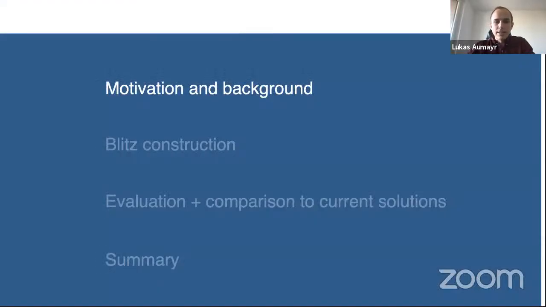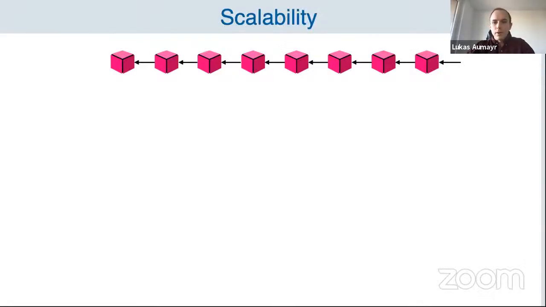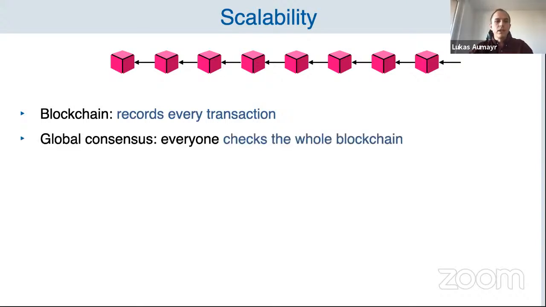Let me begin by giving some motivation and background. Why do we care about this? As most of you might know, Bitcoin and other cryptocurrencies have an inherent scalability issue. We have the blockchain, which is a global distributed data structure that records every transaction done in the network. On top of this, we have a global consensus through which everyone checks the whole blockchain in order to verify transactions.